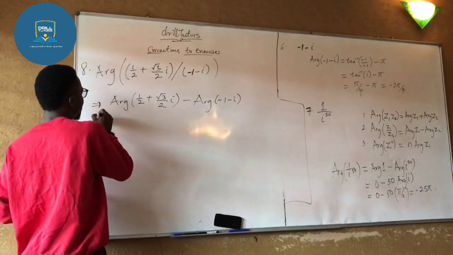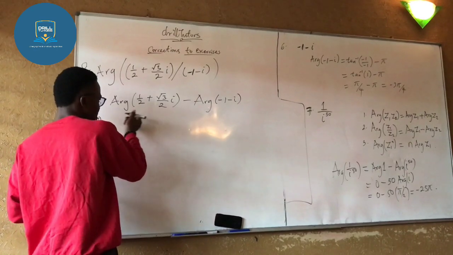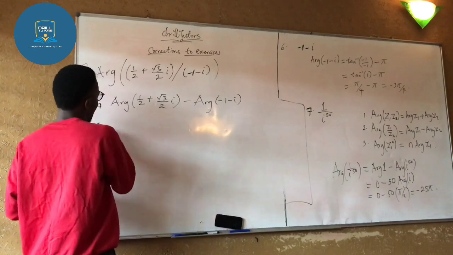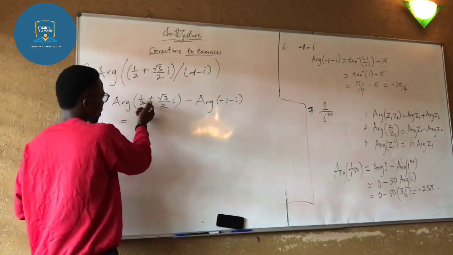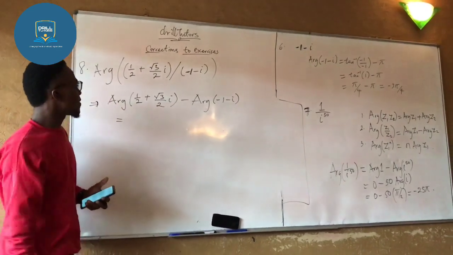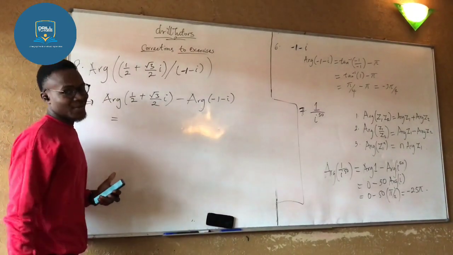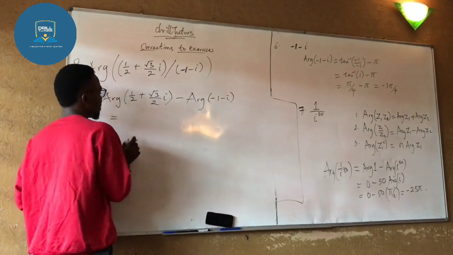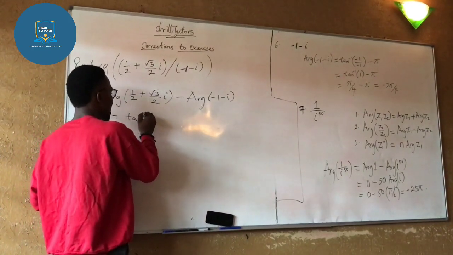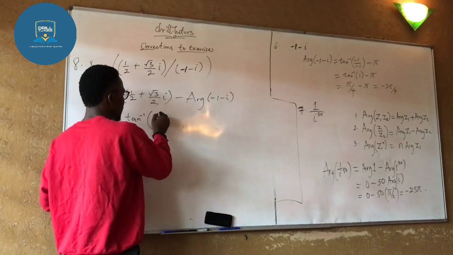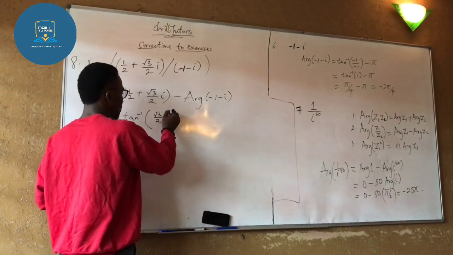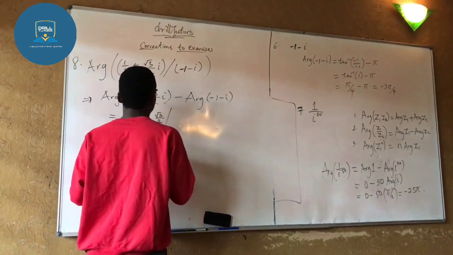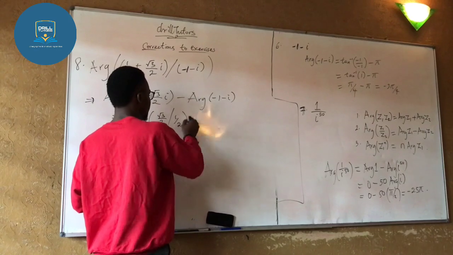And of course, what does this tell you? For this one here, you have a to be greater than 0. And that is simply the same thing as tan inverse of root 3 over 2 all over 1 over 2.